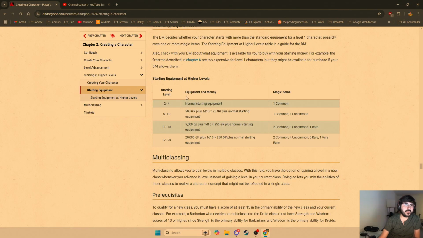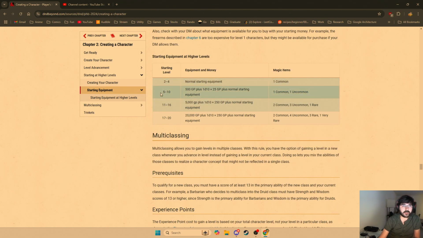Starting equipment. If you're starting at 2 to 4, normal starting equipment, you get one common magic item. If you're starting at 5 to 10, you get 500 gold pieces plus 1d10 times 25 gold pieces plus normal starting equipment. And then you get a common and uncommon.